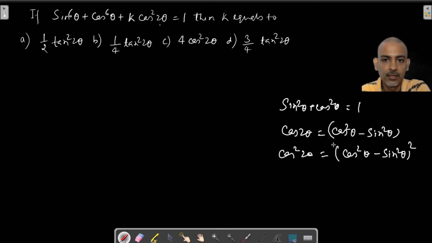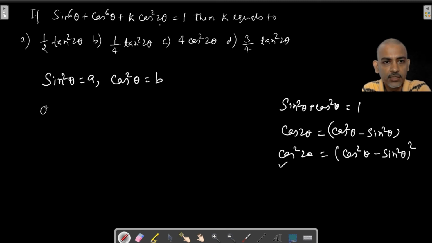So let's stop here with this expression and assume that we are taking sine square theta as A and cos square theta as B. Let's see what this expression becomes. This expression becomes A cube plus B cube plus K into some form of AB.